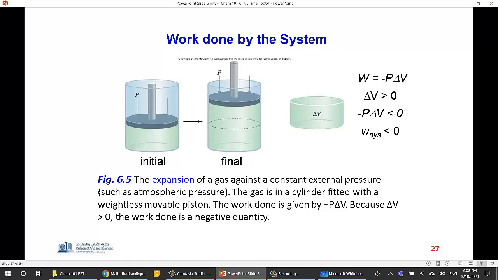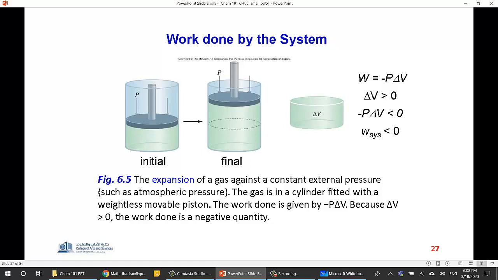To explain this, we start with a container that has some gas, and this gas has some volume, and it's under atmospheric pressure. We call it P. That gas container has a moving piston, a small disc made of metal sliding on the gas surface.